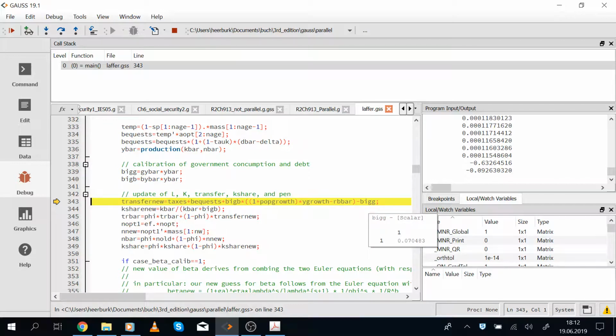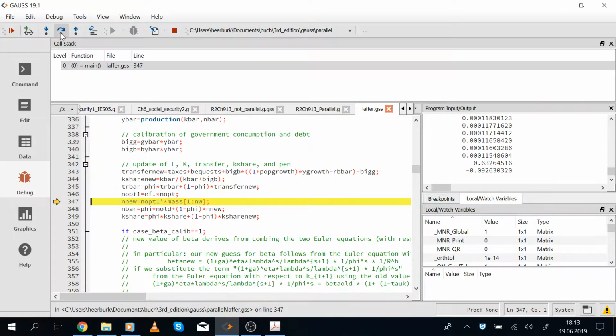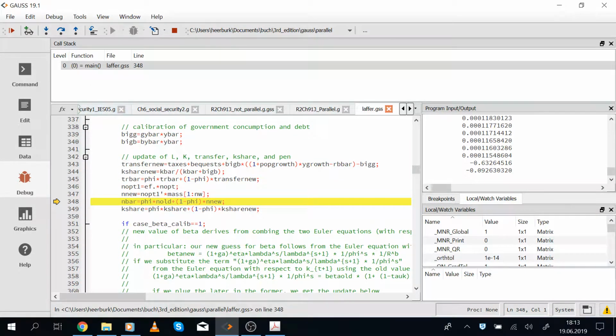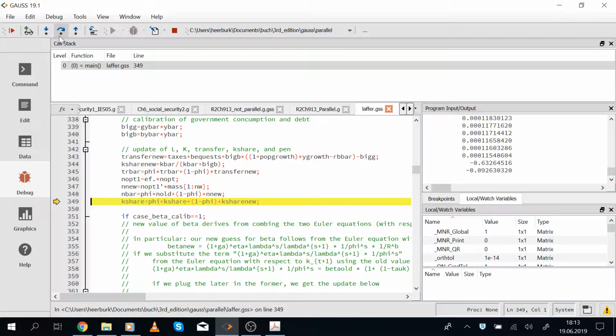And we update our transfers again with the updating parameter phi, found by new and old transfers bar and the new transfers. And finally, we have to compute the new labor supply and the new share of capital in our portfolio.